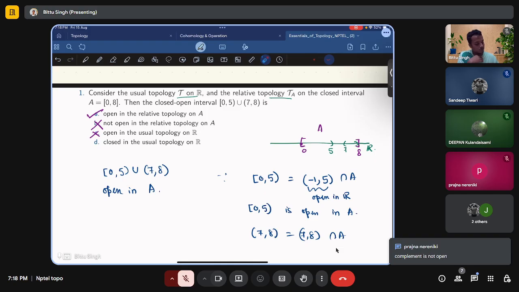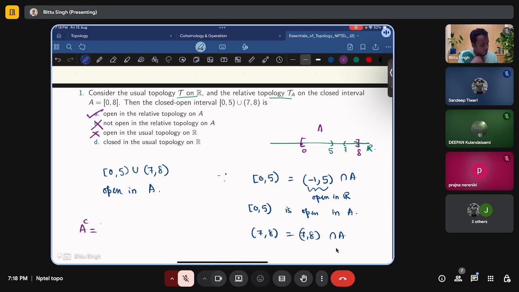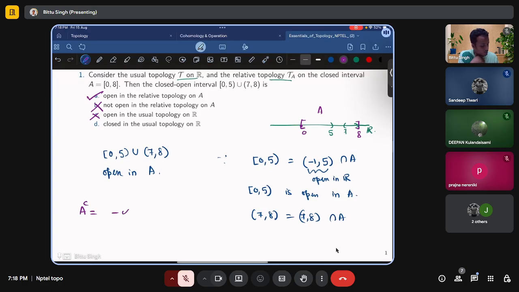Exactly. Great. So let us see what is the complement. A complement is the same as minus infinity comma 0 union 5 comma 7 union 8 comma infinity.